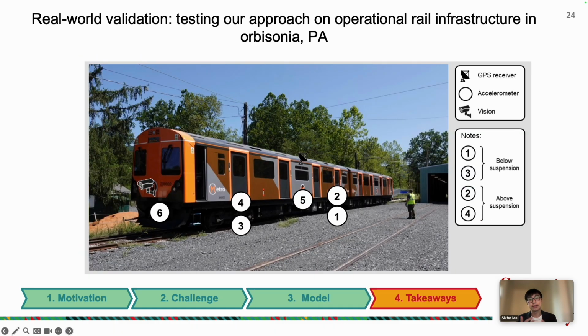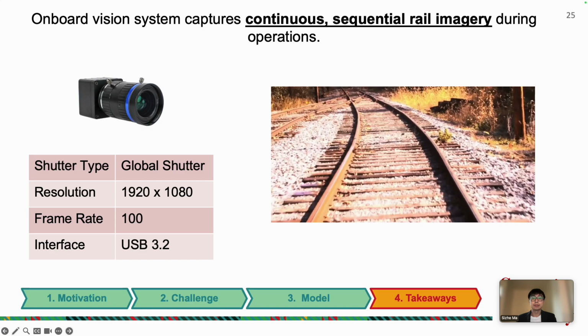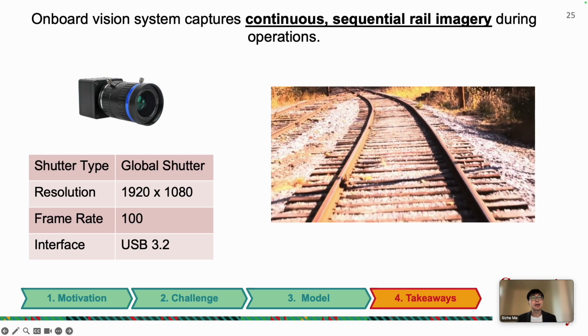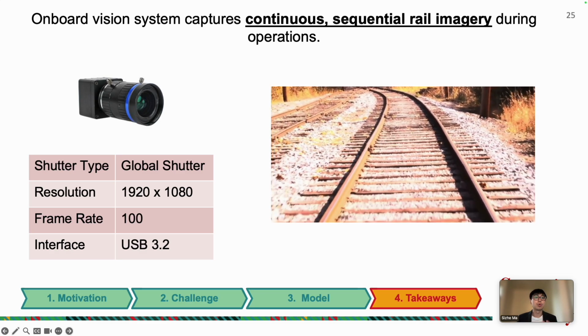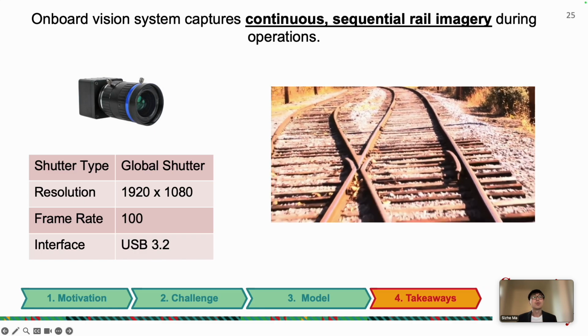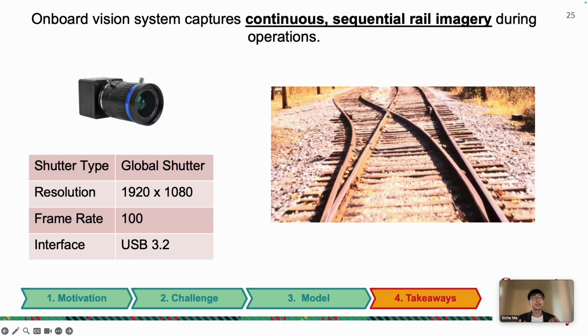We also validate our approach within a real-world testbed. This data is collected from an operational rail line in Orbisonia, Pennsylvania, in collaboration with the RDC. The data is captured via an onboard vision system with a high-resolution global shutter camera.